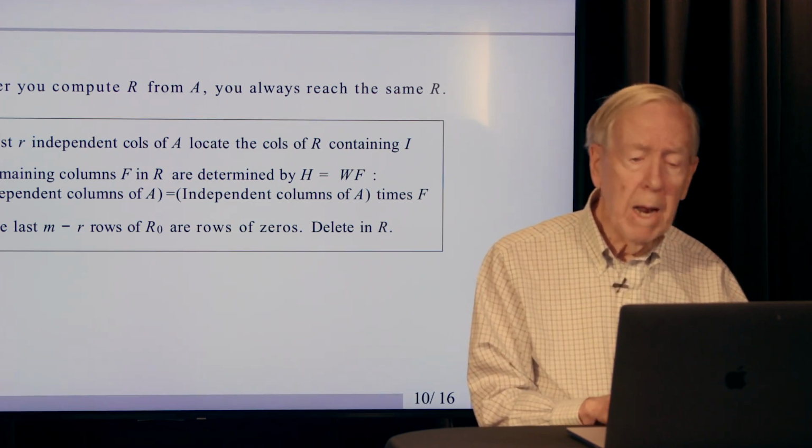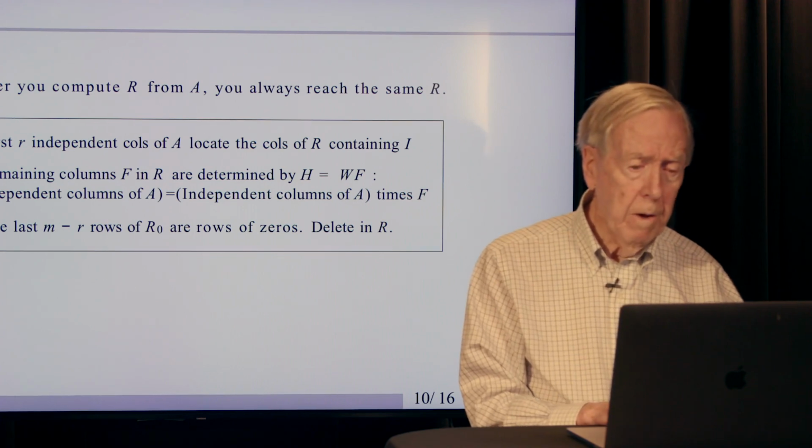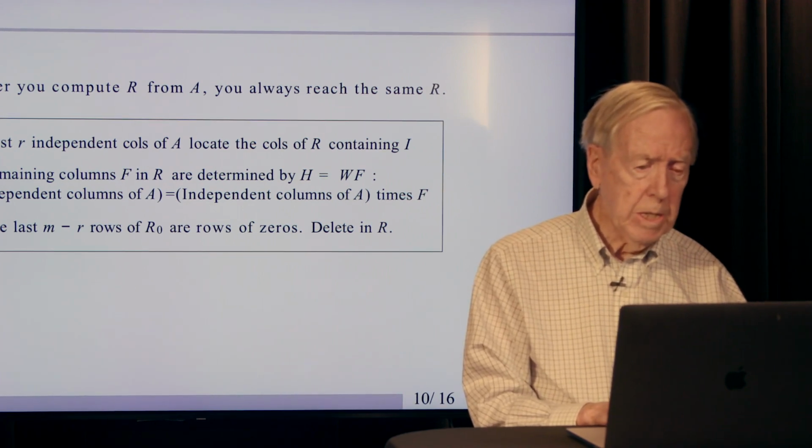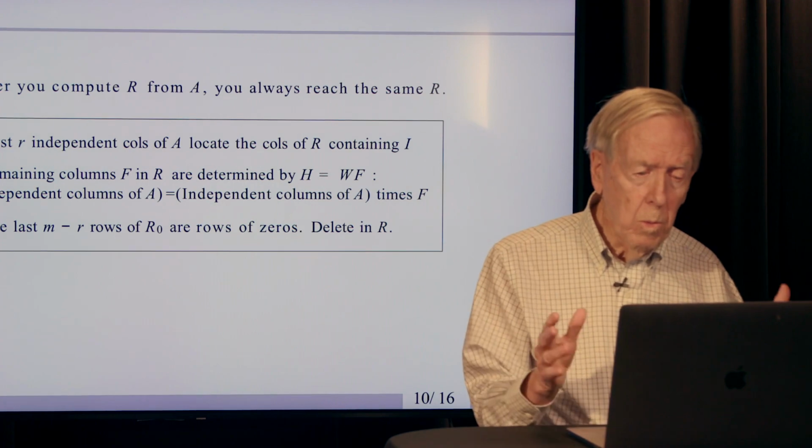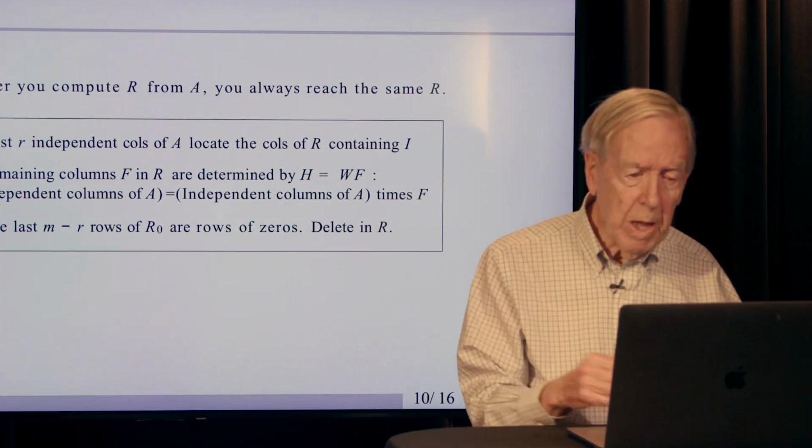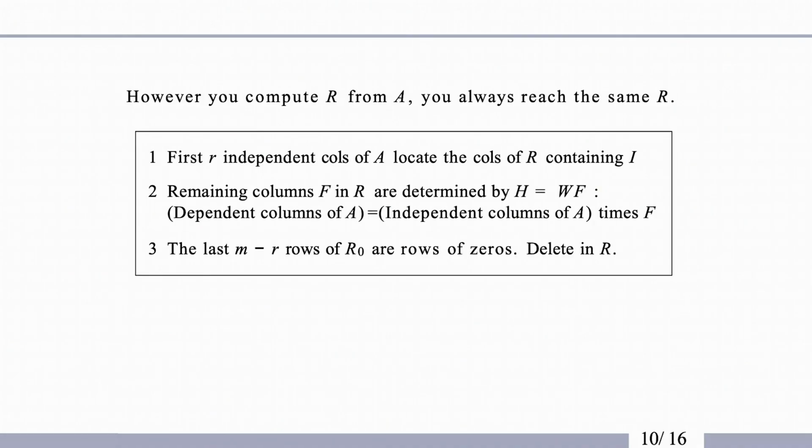So anyway, we now have a system of row elimination steps, and we know what it ends with. It ends with an identity matrix of the right size, a matrix F, that's the other columns, and then possibly a permutation to tell us the order.